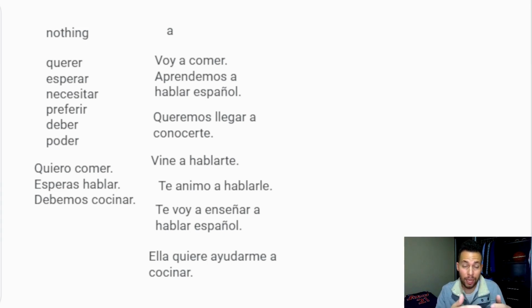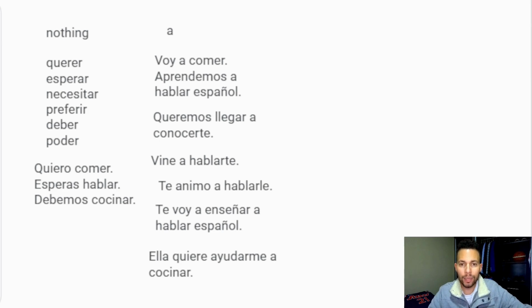The quiero, the esperas, debemos, and then the infinitive verb is attached to these verbs that beg for it, that aren't so actiony by themselves, and we don't put anything in between. Just first verb conjugated, second verb infinitive. Here in the second column, it's more of a figurative or physical motion arriving to some goal, so to speak, and we put an a in between the two grammatical components.